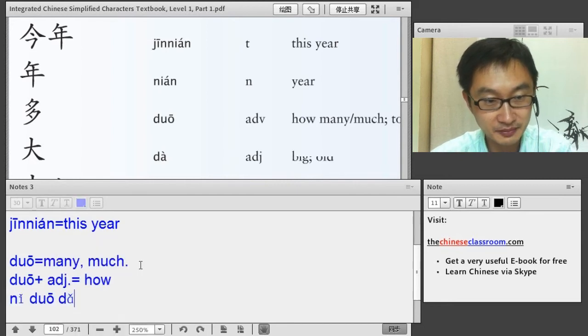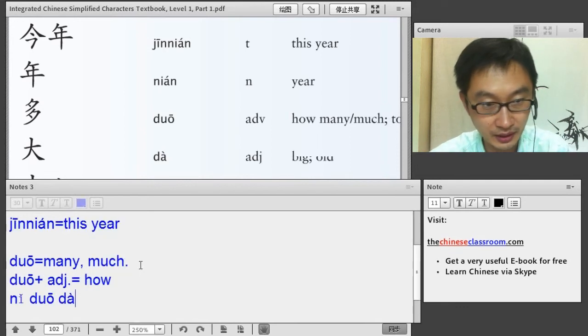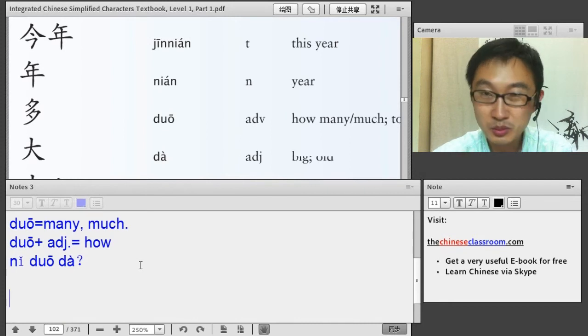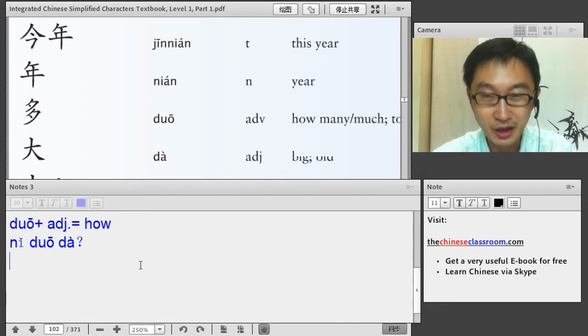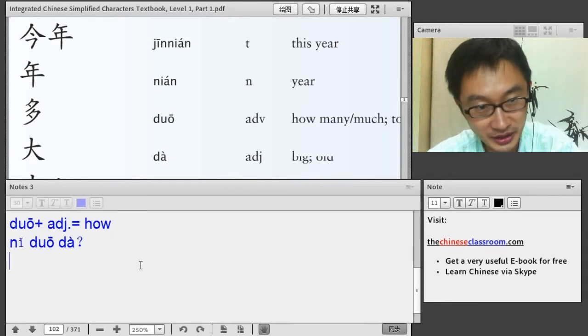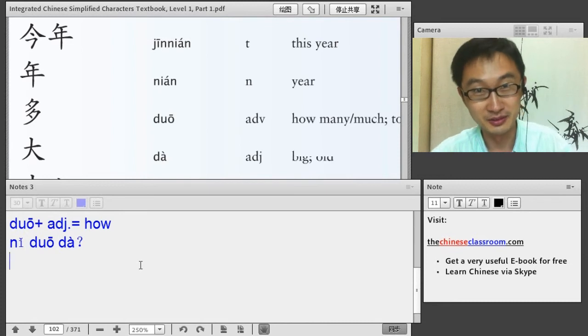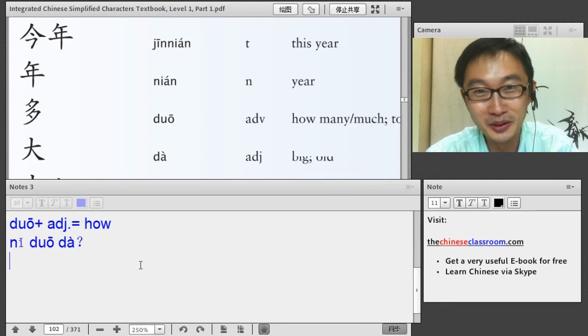你多大? What does that mean? How big are you? You know, 你 is you, how big? It does not mean your size is a big girl or big man. Actually, it's for your age.